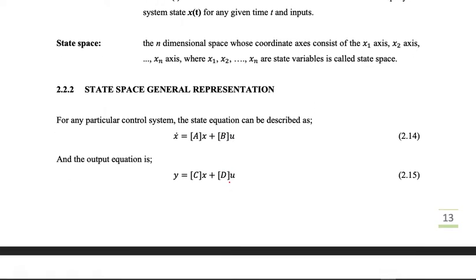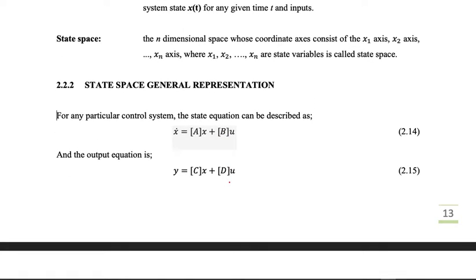Moving on, we have another equation which is known as the output equation.